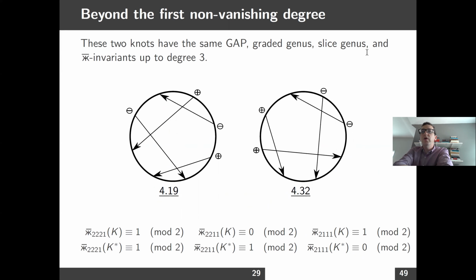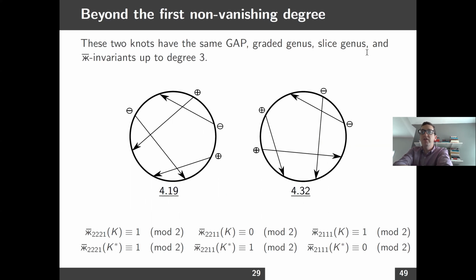Okay, so you can also get some interesting results by looking at the invariants beyond the first non-vanishing degree. So for example, here's 4.19 and 4.32. These two knots have the same generalized Alexander polynomial. And so in particular, that means they have the same odd-Rive, Heinrich-Turaev polynomial, and affine index polynomial.